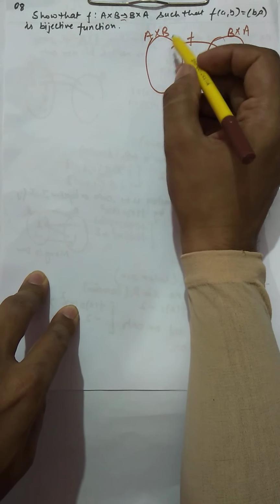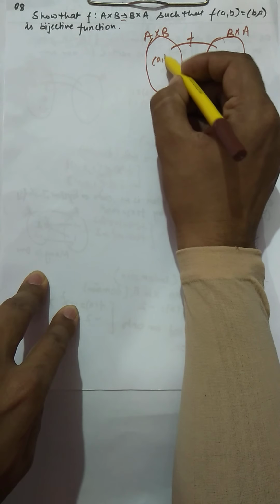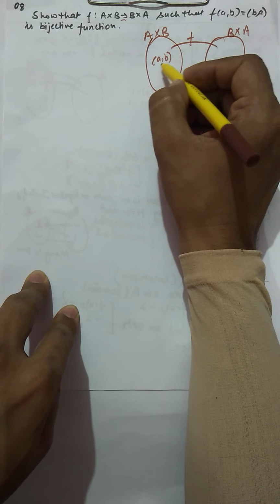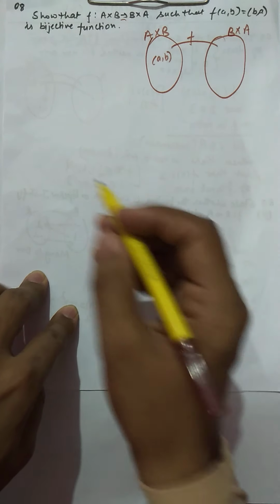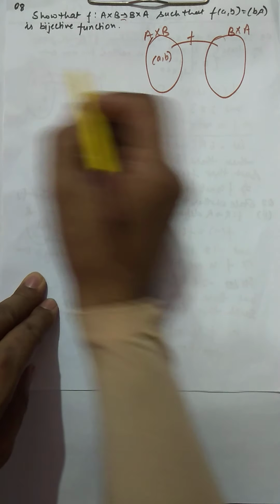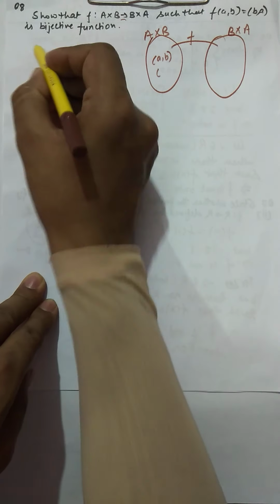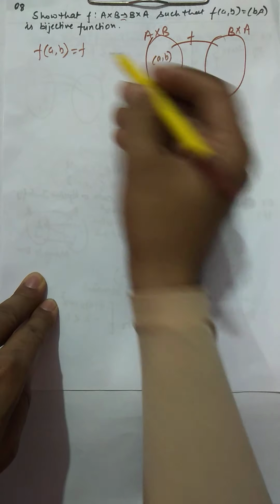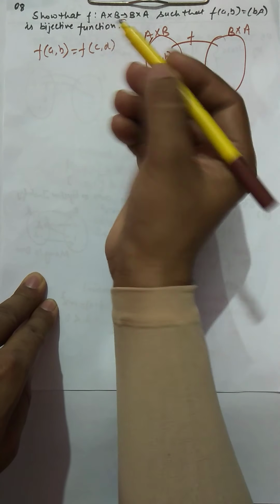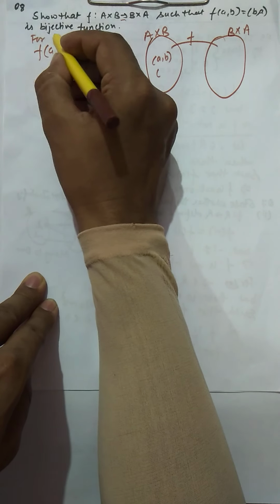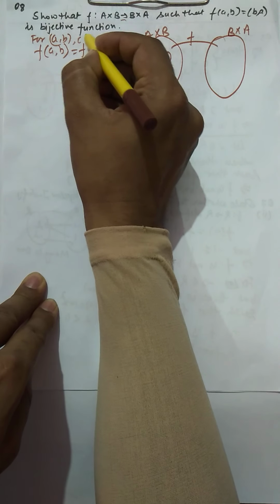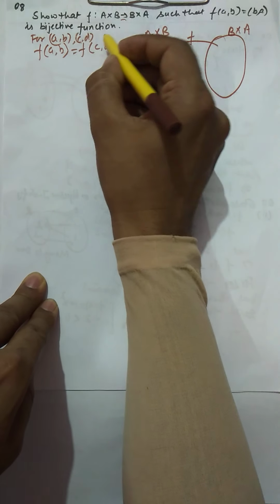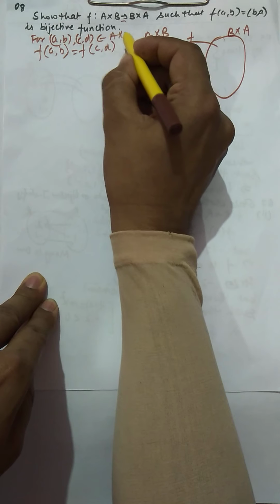So the elements of your domain will be of this form, (a, b). Now let's start from this. We take two elements (a,b) and (c,d) belonging to A cross B such that f(a,b) equal to f(c,d).